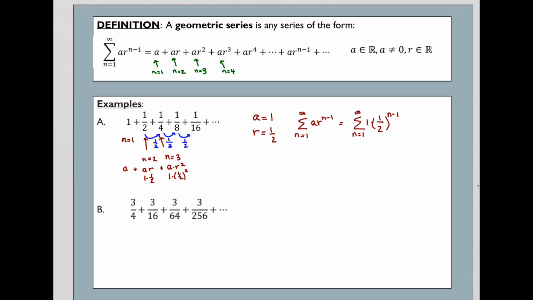Let's look at the second example. B: 3/4 plus 3/16 plus 3 over 64 plus 3 over 256. Can you identify the a value and the r value?